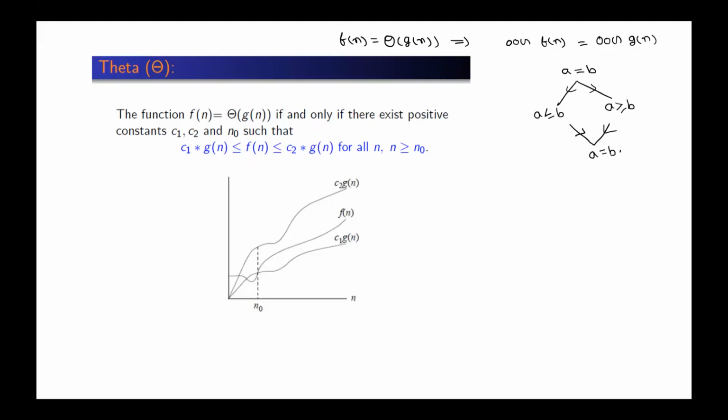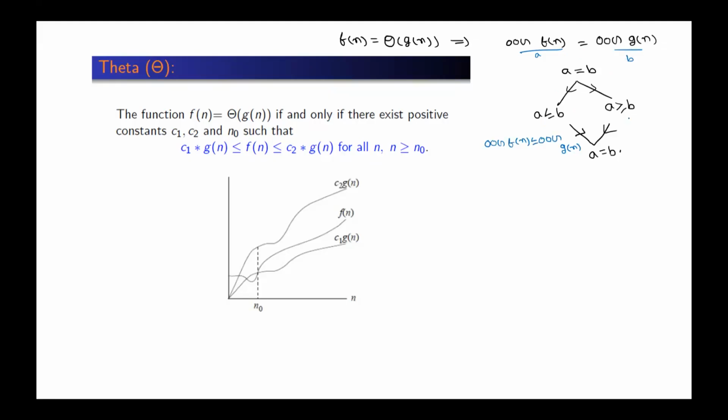Yes. Similarly, in order to show that both have the same order of growth, that order of growth of f of n is same as order of growth of g of n, first I will show that order of growth of f of n, this is a, this is b, is less than or equal to order of growth of g of n.